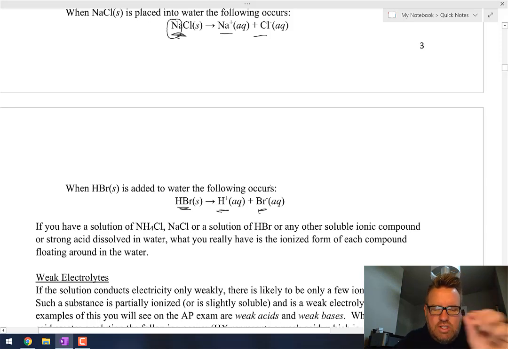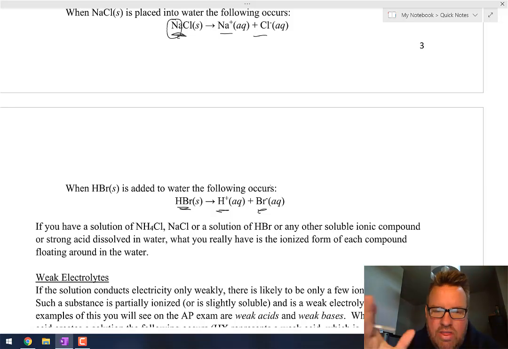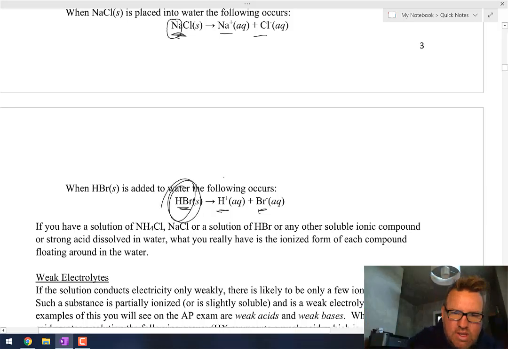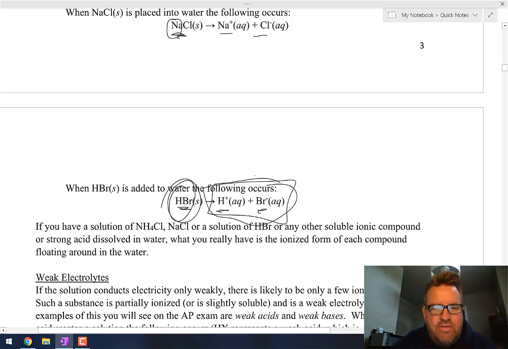Really, to summarize, if you have a solution of NH4Cl, NaF, Na anything, or a solution of HBr, HCl, H2SO4, HNO3, etc., or any other soluble ionic compound or strong acid, you don't have this. You have that ionized form of each of those compounds floating around in the water.